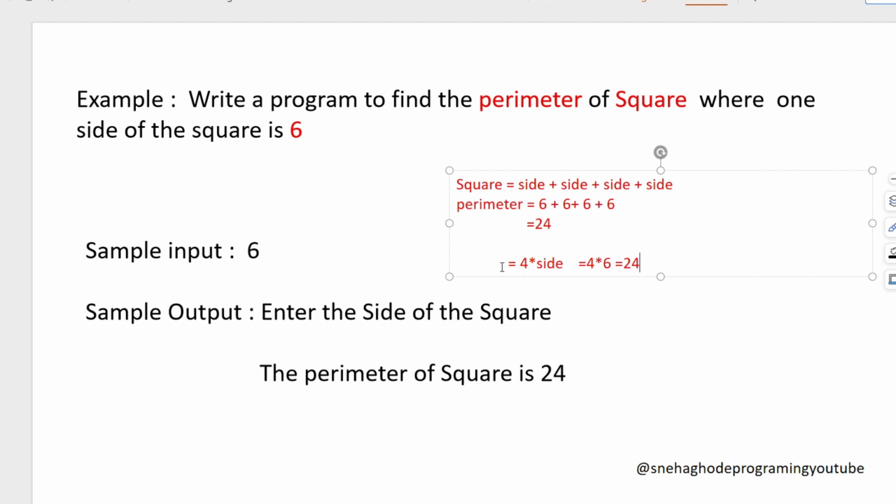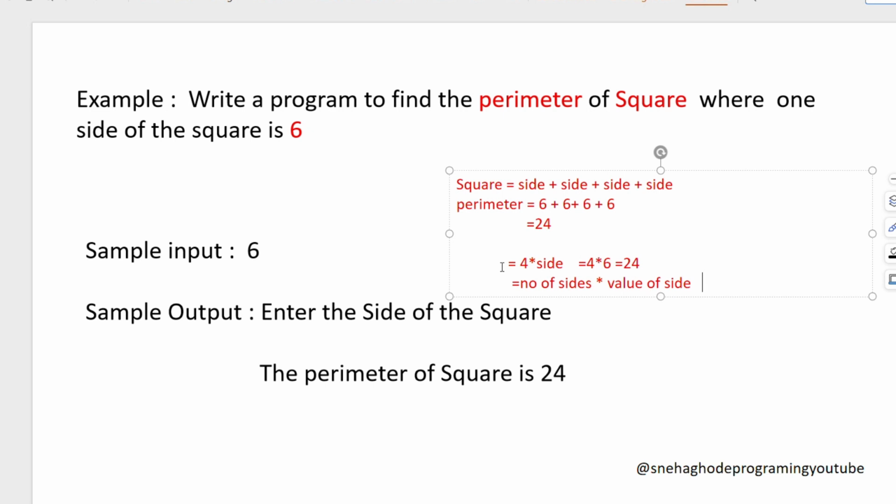If it is a pentagon, how will our formula be derived? Number of sides into the value of that side, right?